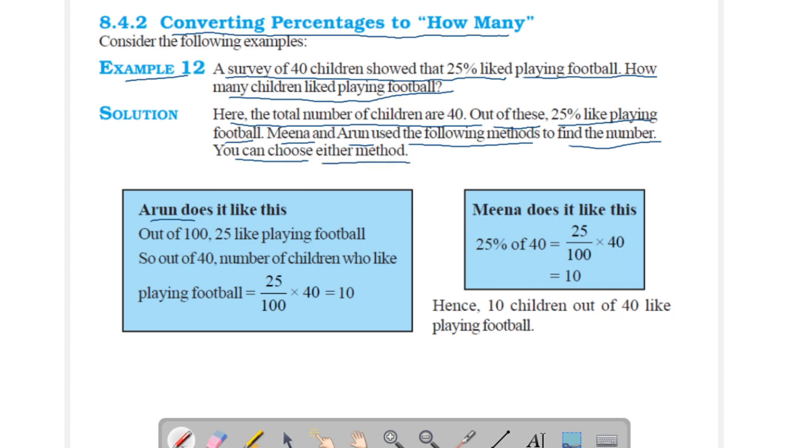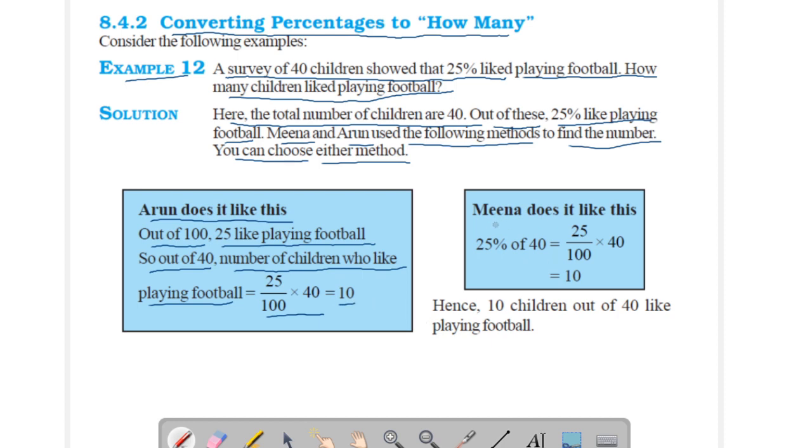Arun does it like this. Out of 100, 25 like playing football. So, out of 40, the number of children who like playing football is equal to 25 upon 100 into 40, and if you simplify it, you will get 10. This is your answer.